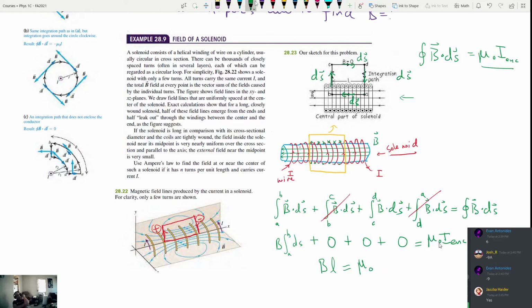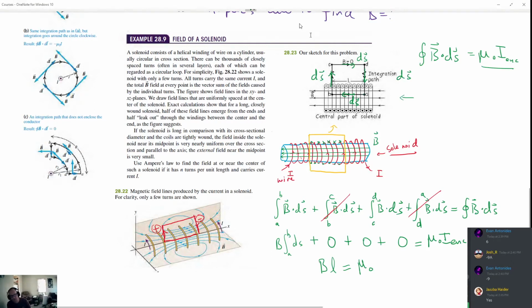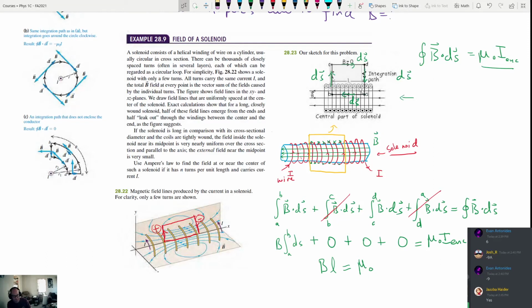So as we said before, the current enclosed is going to be equal to the amount of current that actually flows through the surface bounded by our path. So that surface in this case is this surface here. And we've said that it carries current I, right?